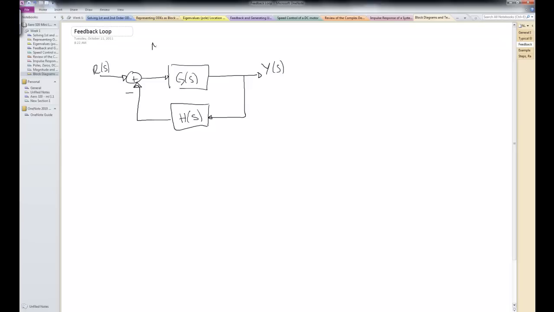So this is negative feedback. And these transfer functions can be anything, any rational polynomial in S. And so the way to analyze is say, let's call this P of S or something like that.